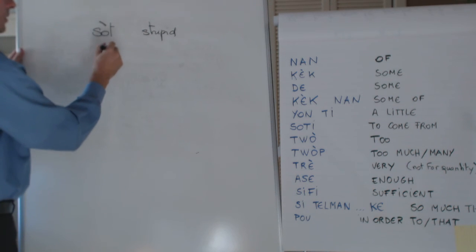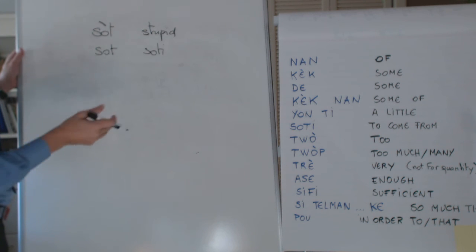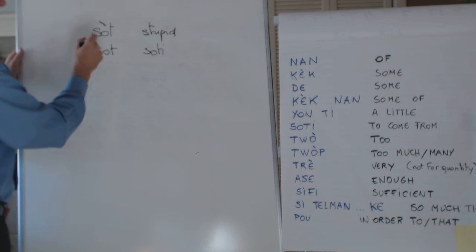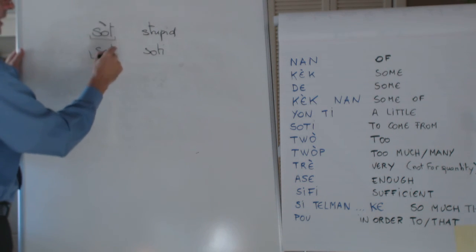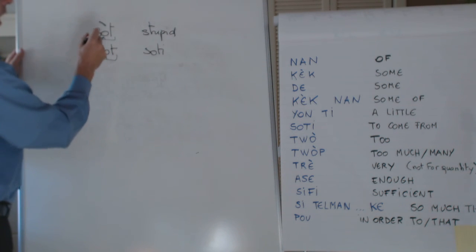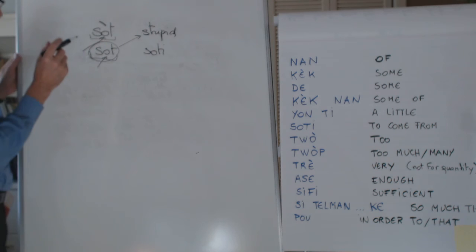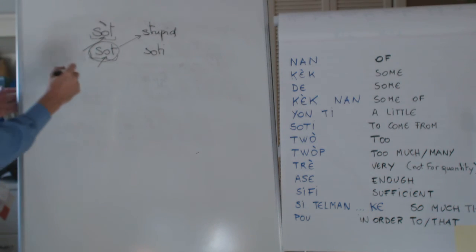Now, sot comes from soti, coming from. So very similar. If you mispronounce the O, well, what you wanted to say here becomes stupid. So that's an example.